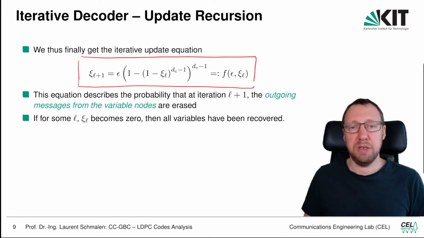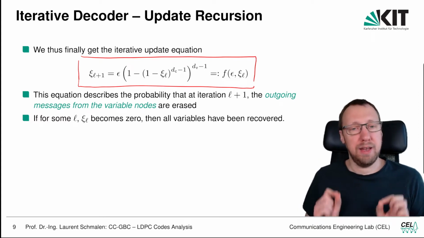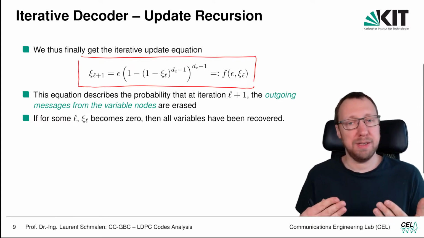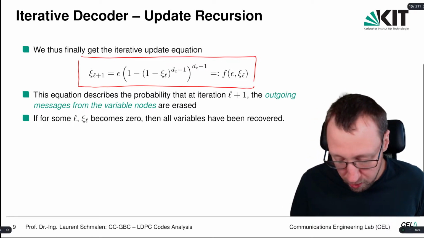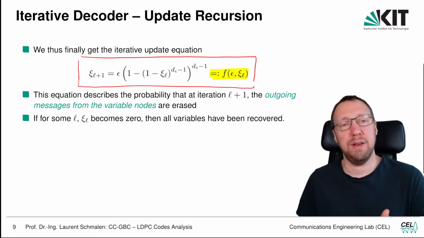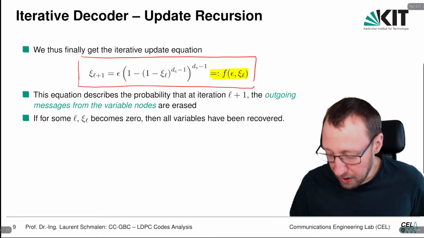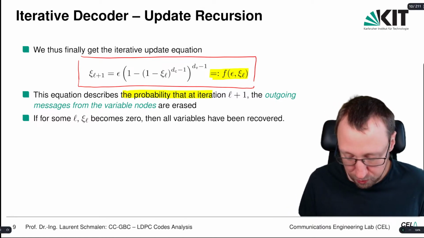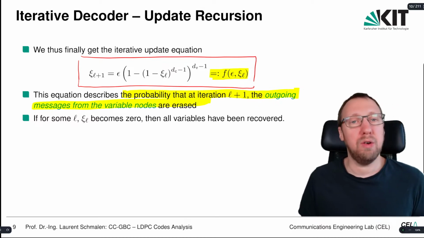This is an update equation that you should know by heart, because this is a very fundamental equation that describes what's going on in LDPC codes. Because this is so fundamental, we also give it a name. It's our update function f of epsilon, xiL. So it essentially describes the probability that at iteration L plus 1, the outgoing messages from the variable node are erased.